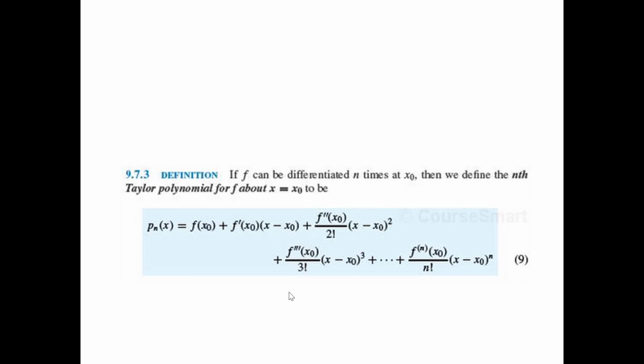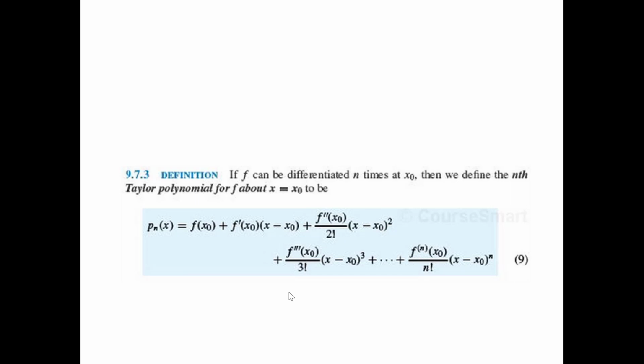If f can be differentiated n times at x naught, then we define the nth Taylor polynomial for f about x equals x naught to be a polynomial in x minus x naught. And so then your constant term is just f of x naught. The coefficient of your linear term is just f prime of x naught times x minus x naught.